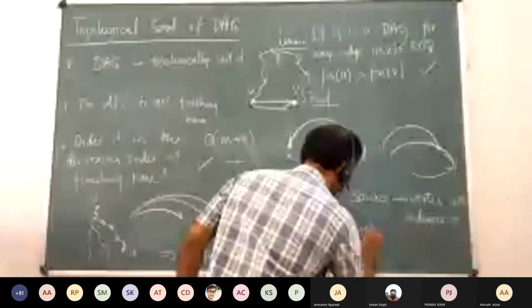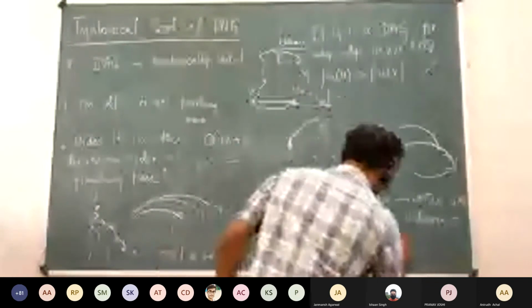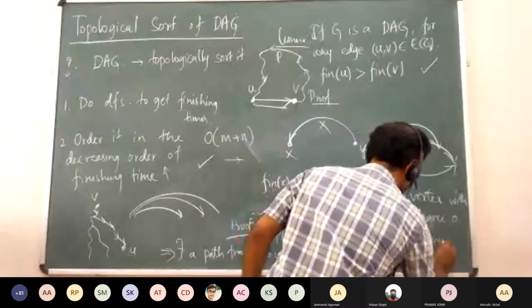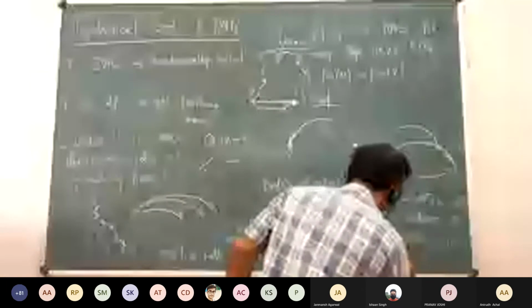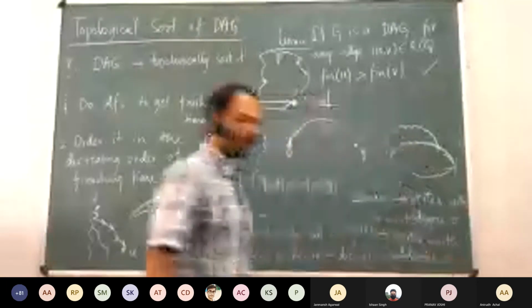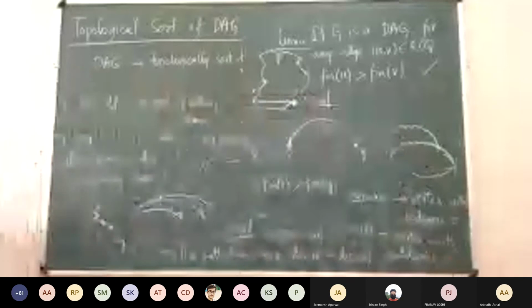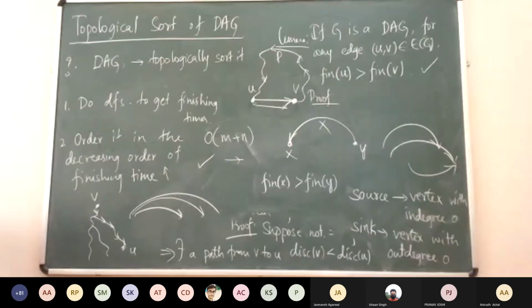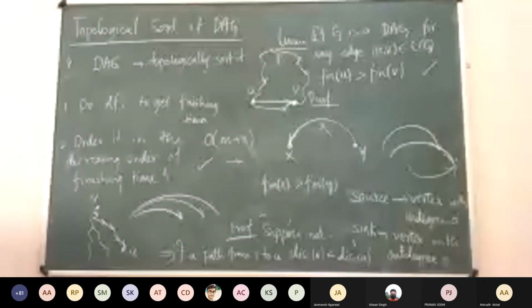Then we also use the word sink. This is a vertex with out-degree 0. Everything sinks, all the information sinks into it. So these are special vertices. One is a vertex with in-degree 0, which is called a source, and another with out-degree 0, which is called a sink.